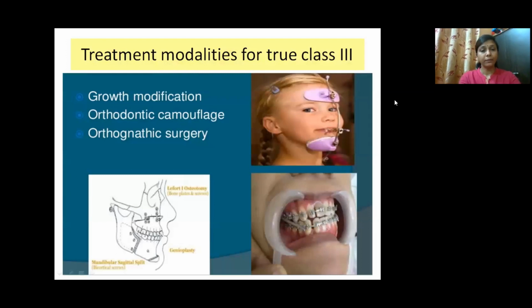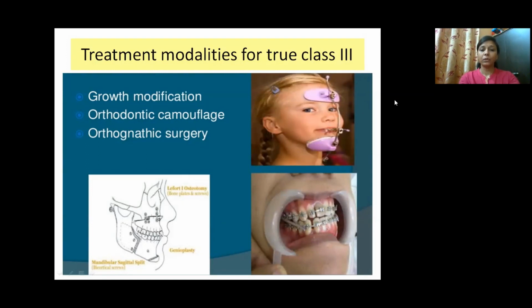Then if a skeletal or true class 3 exists, what are our modalities? We have basically 3 modalities: growth modification, orthodontic camouflage, and orthognathic surgery. Growth modification procedures, as we all know, can be done during the growing phase only, that is during the early mixed dentition.